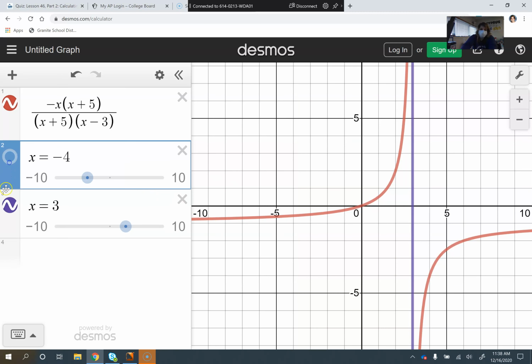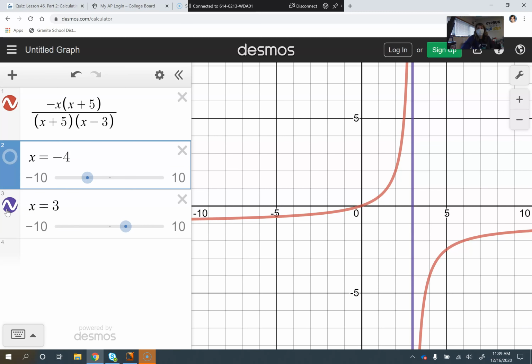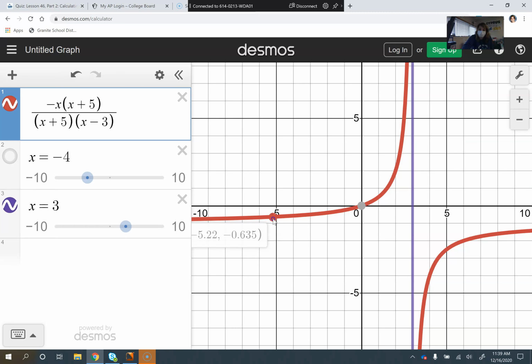So let me turn off the fence. Okay, so our fence is supposed to be at 3. But if you want to find the point of discontinuity, you have to drag it to that point, and you can barely see it. So if you're sitting pretty close to that other screen, you can see that if I go click on -5, it does tell you that that's undefined or an excluded value. But if you don't go and click on it, it doesn't show you that hole.